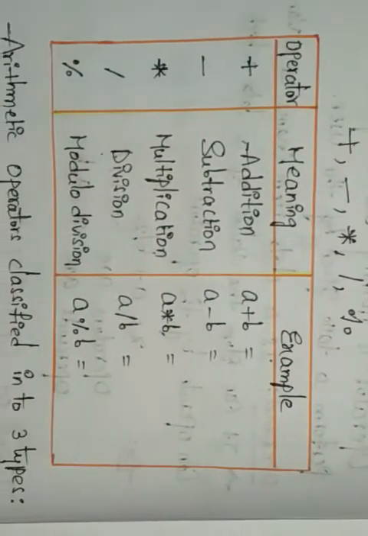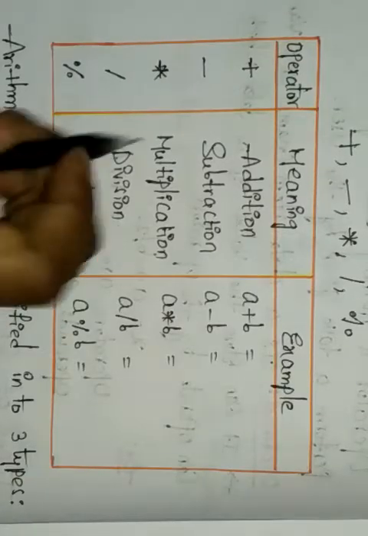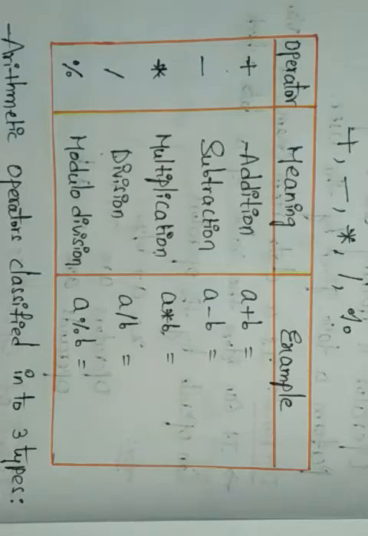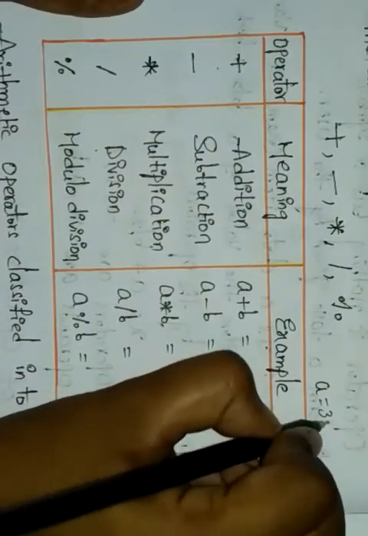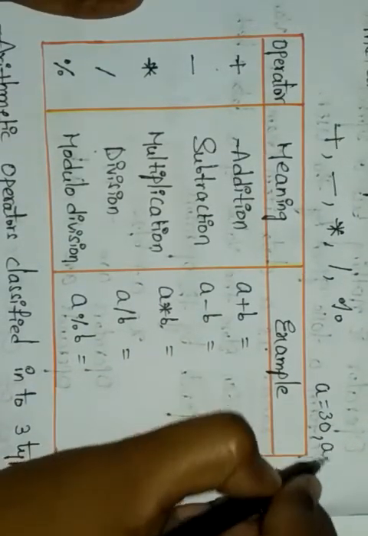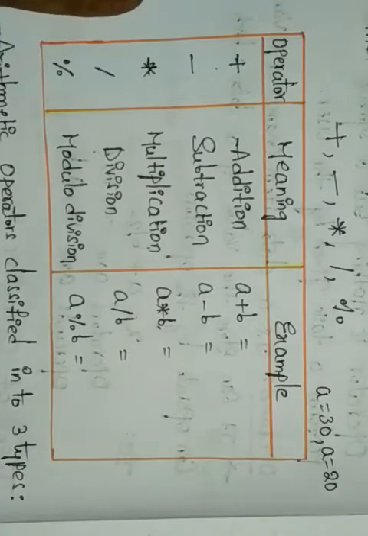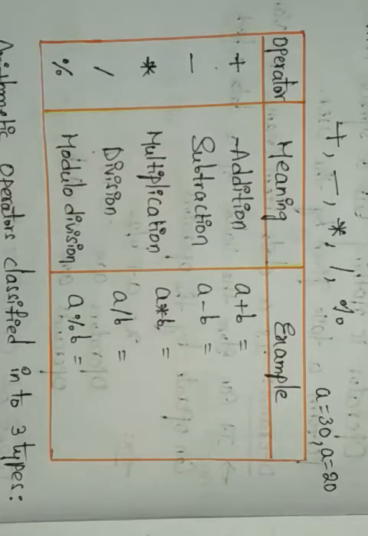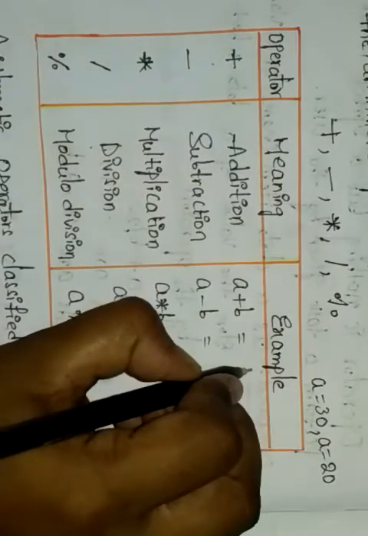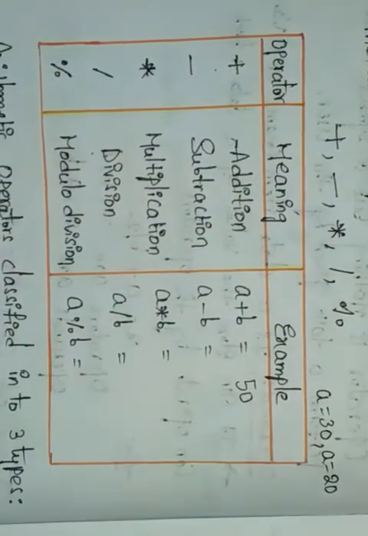Looking at this table, we have plus, that is addition. Suppose we choose the A value as 30 and the B value as 20. A plus B gives 50.